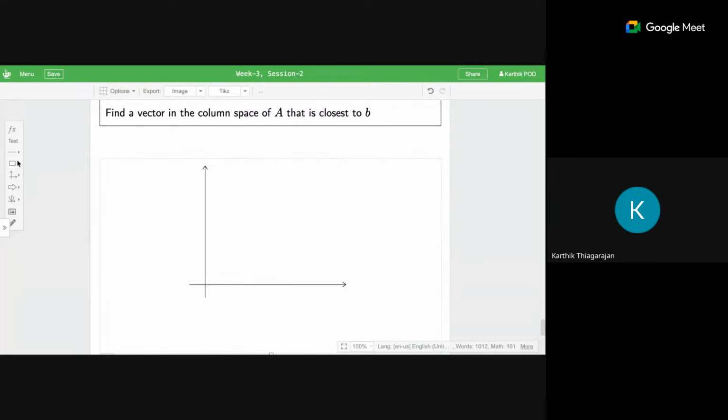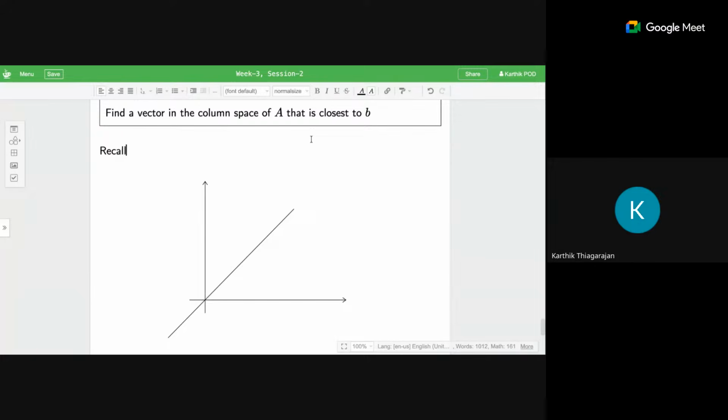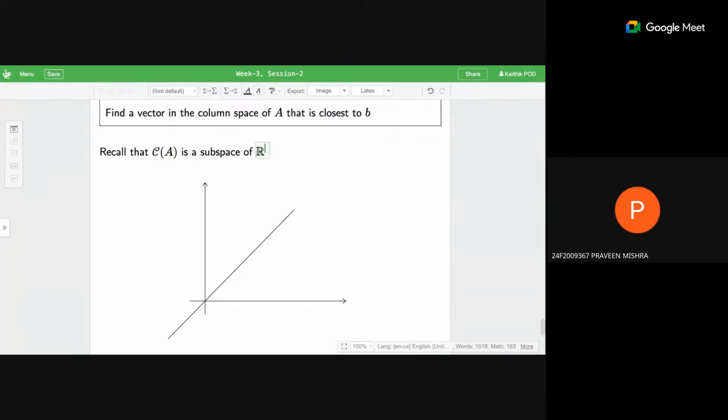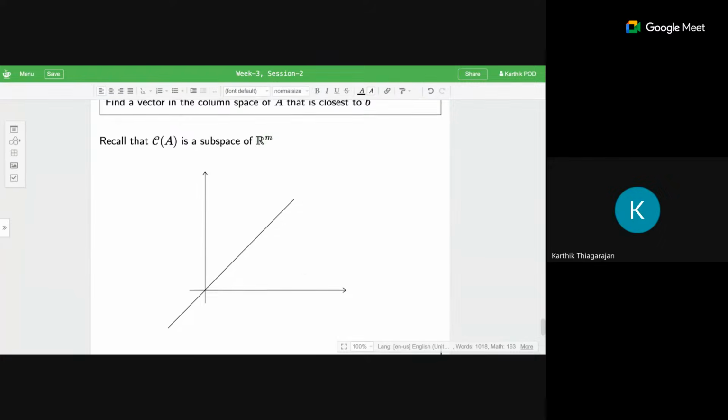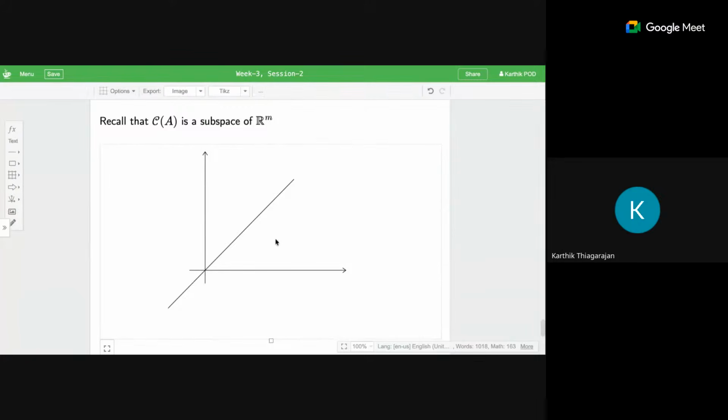So assume that this is the column space of A. Recall that the column space is a subspace of R^2 in this case, but in general it is a subspace of R^m.